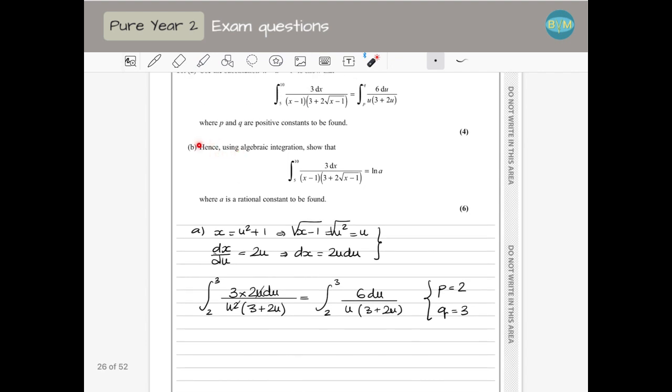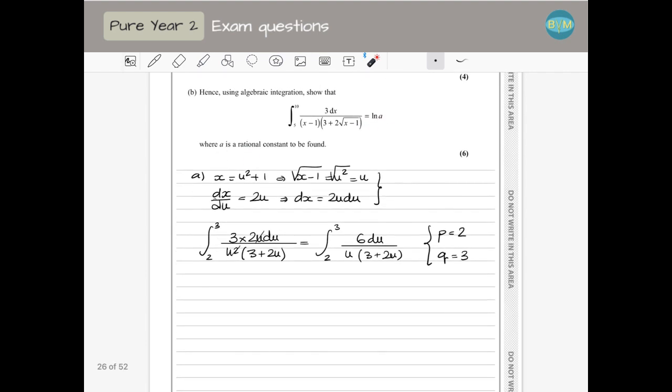Then, hence, we are going to use this and not the original, using algebraic integration, so that this integral is ln a, where a is a rational constant to be found. So let's integrate that after we have changed to u.